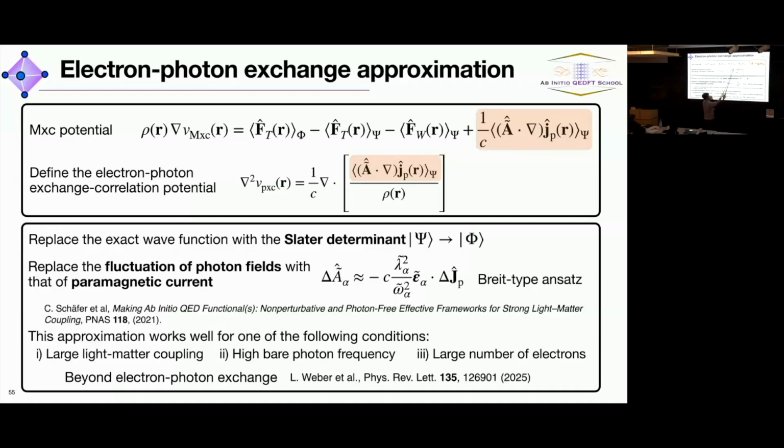But you can see here you have a photon operator. If you naively operate, it does not work. So in order to capture this quantum fluctuation from the photon field, we use this Bright-type transformation. So you replace this photon fluctuation operator in terms of a matter operator. So basically, this will operate on the matter side.